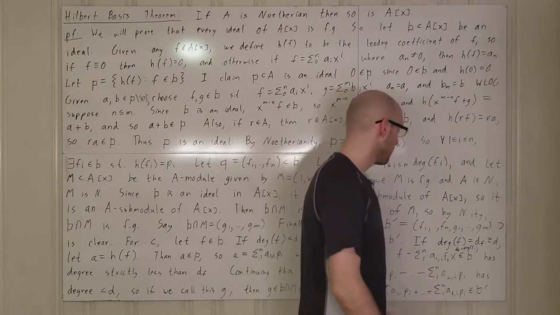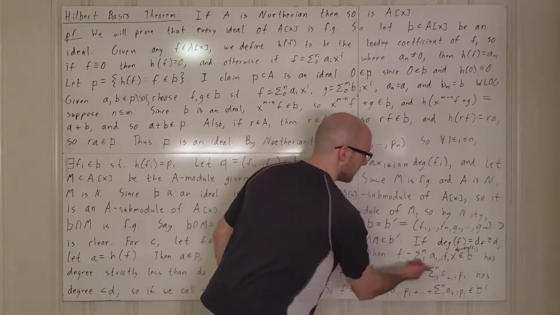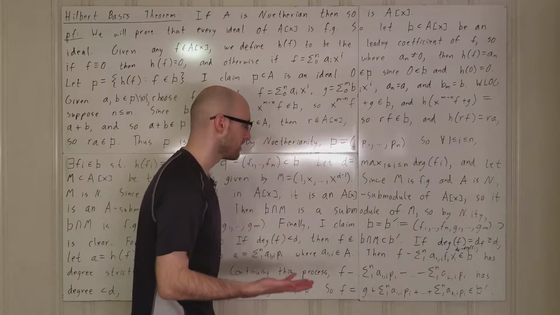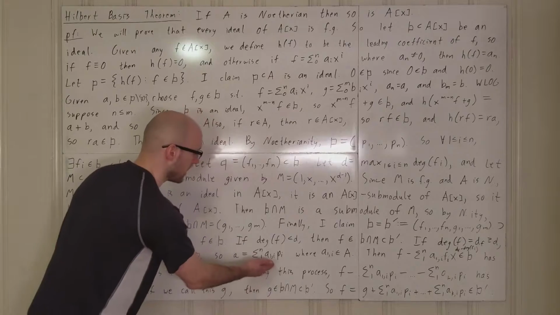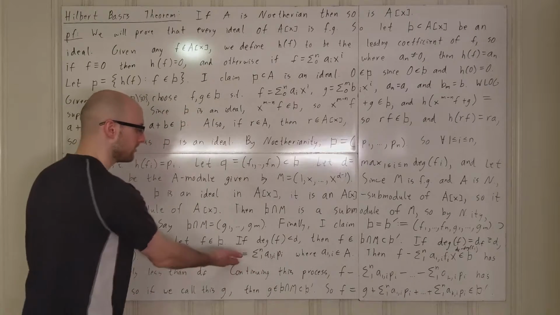And so if you look at the leading term, the highest power of this sum here, the coefficient is going to be precisely the sum from 1 to n of the a_i pi's. But that's just a.